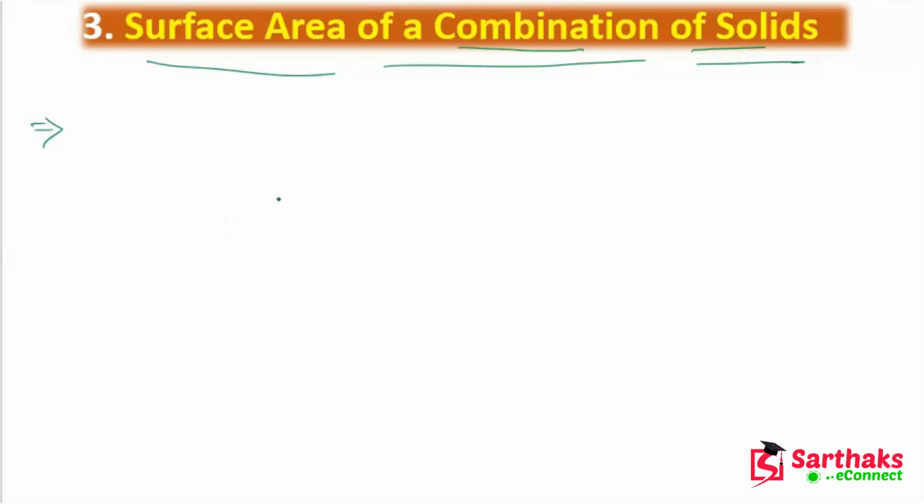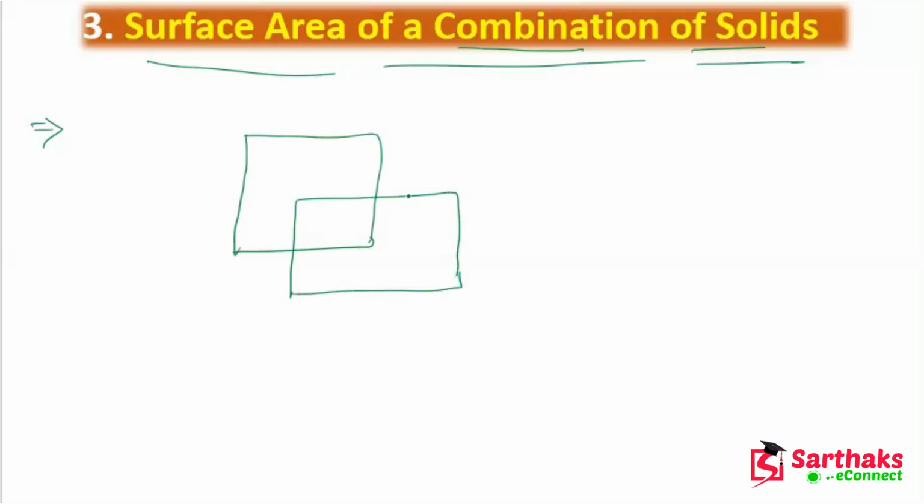Let's suppose we have a cuboid like this. If I break it into two equal parts, it will become 2 cubes.